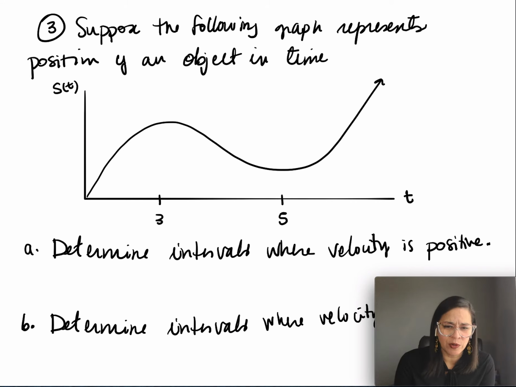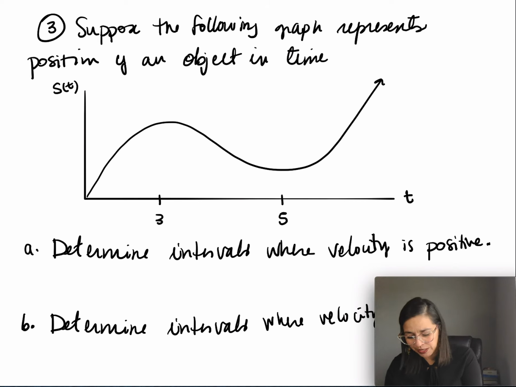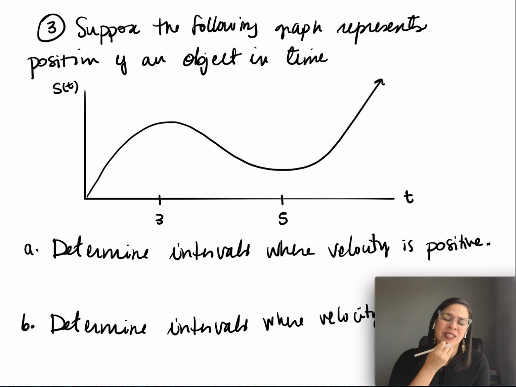A, determine intervals where velocity is positive. So we know that the velocity represents change in position with respect to time, right? So that tells me that in calculus 1, velocity will be the derivative of position, okay?